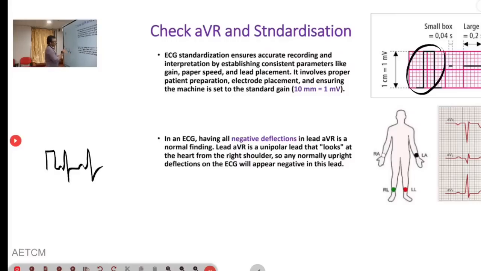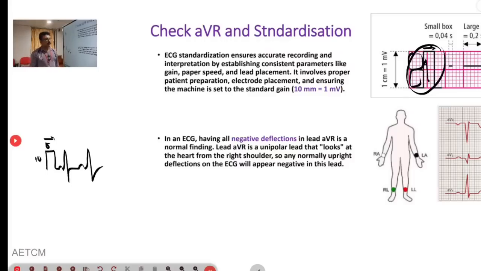This will be 10 small squares in height and 5 small squares in width. So you can see here 2 boxes or 10 small squares in height and 1 large square or 5 small squares in width. That is very important before starting to read the ECG.